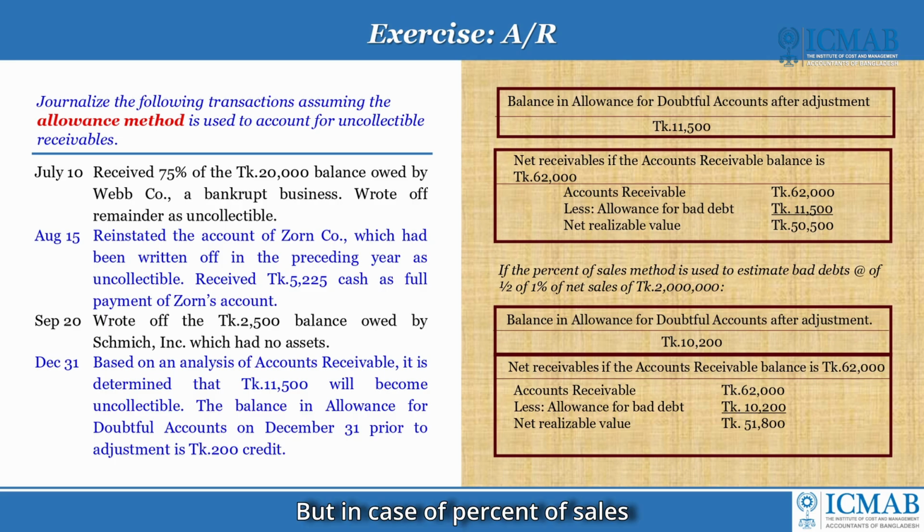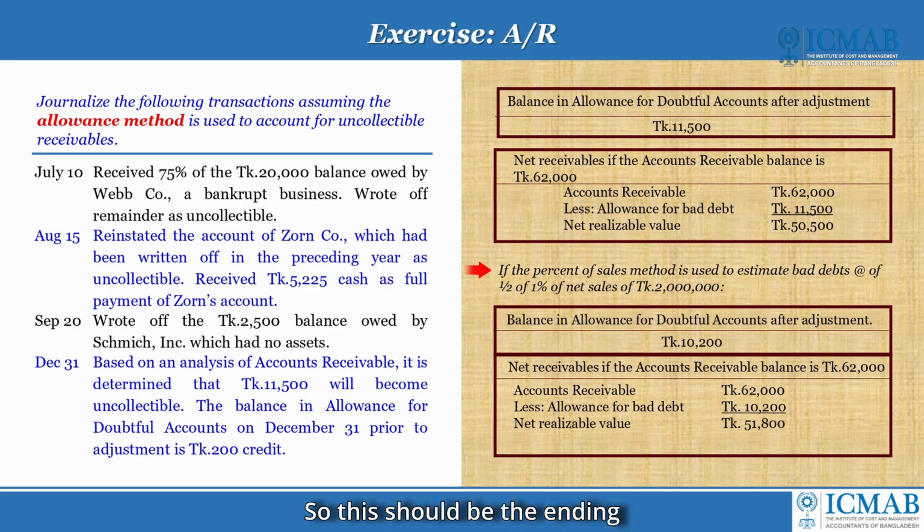But in case the percent of sales method is used to estimate bad debts, then assume that the total allowance for bad debt should be half of 1% of net sales, which is taka 2 million. So here total net sales is 2 million. So the allowance for doubtful account would be 2 million into 1% into half, that is 10,200.